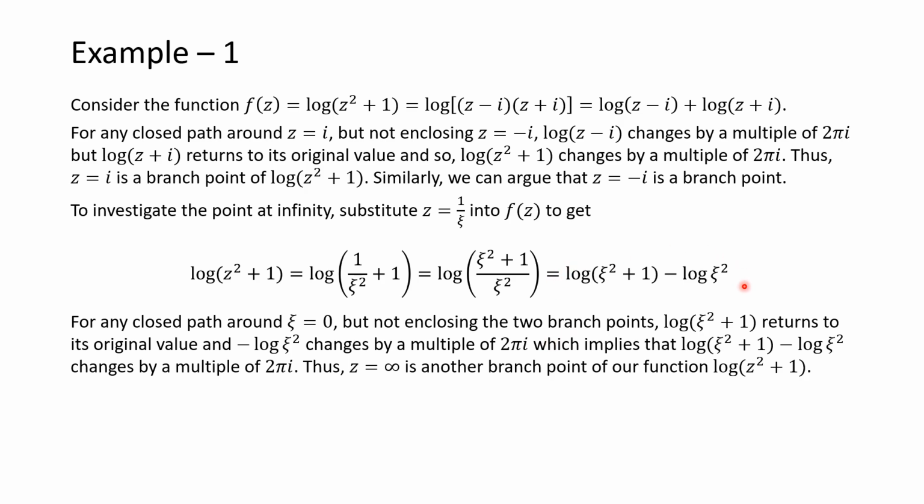So this collectively changes by multiples of 2 pi i, which means z equals 0 is a branch point of this, which implies that z equals infinity is a branch point of our original function. So we get a second branch point, and we have three branch points for our function here.